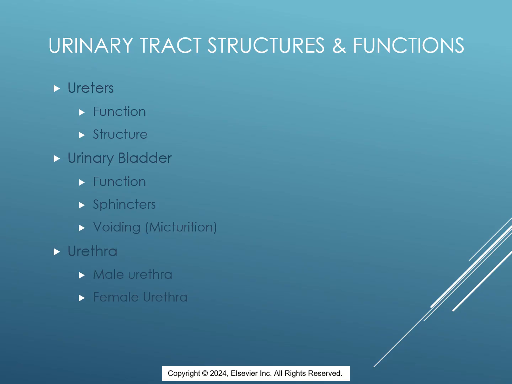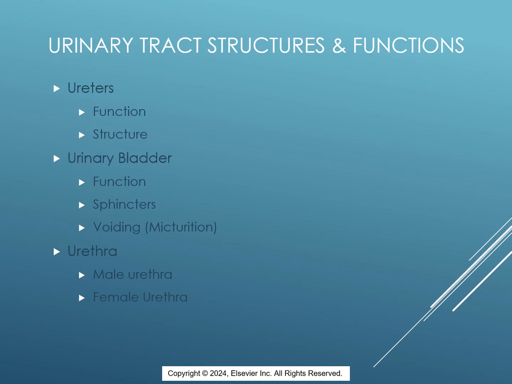Urethra function: allows urine to exit from the bladder. Structure: lined with mucosal membrane, ends in the urethral meatus. The male urethra is about 6 to 8 inches, which is 15 to 20 centimeters. The prostatic urethra goes through the prostate. The membranous urethra is at the pelvic floor of the male.